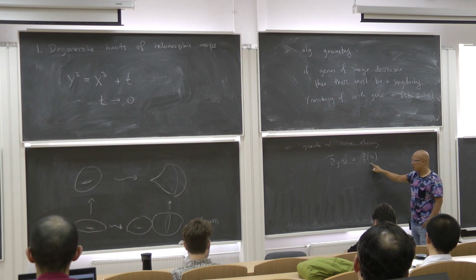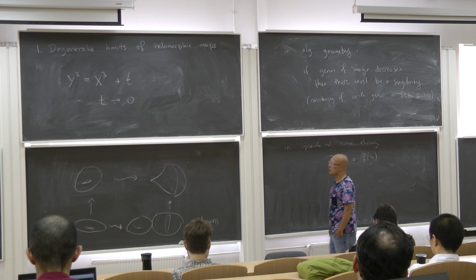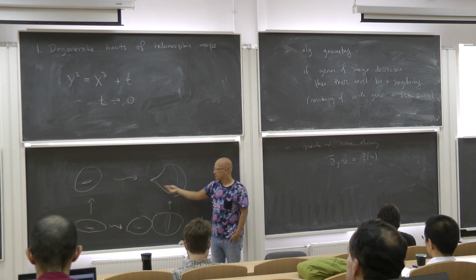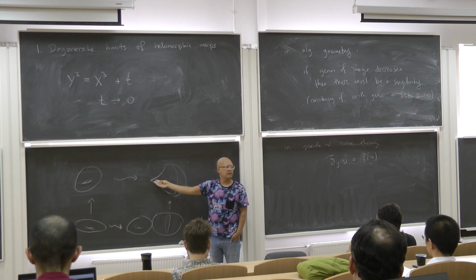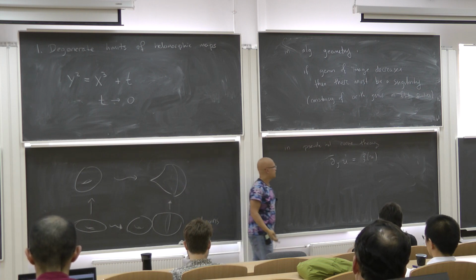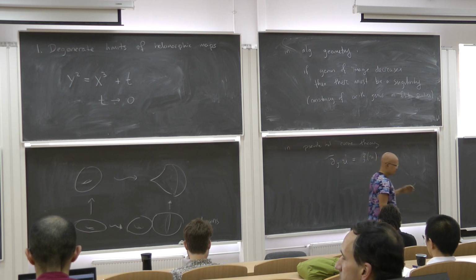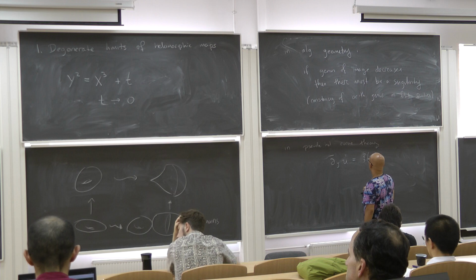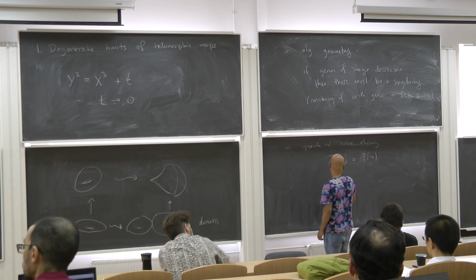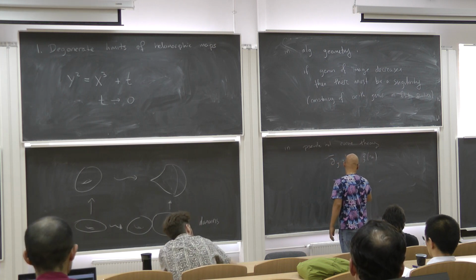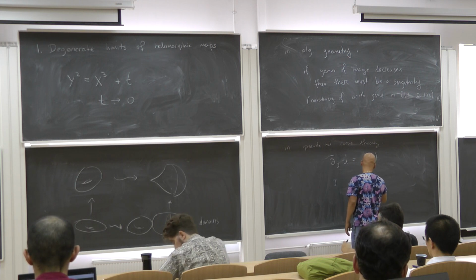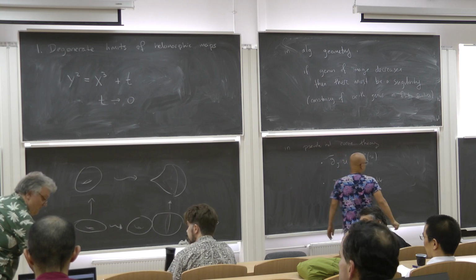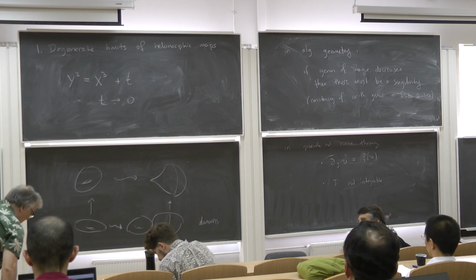And if you're going to study maps satisfying this equation, then you've prohibited singularities from the outset. Okay, so there's no chance that it's going to be 0. J naught.